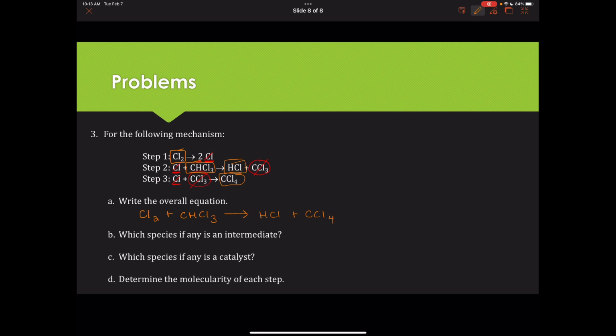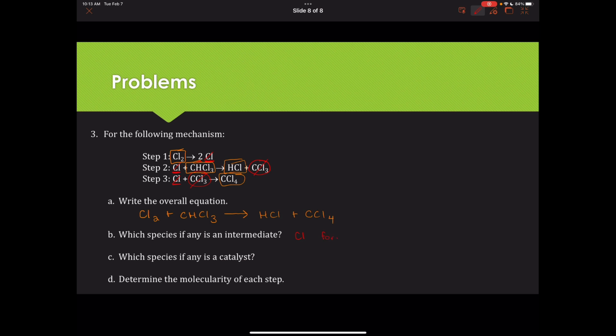We're identifying any intermediates. Again, we're looking for things that we canceled out. So an intermediate is something that we formed in one step and it was used in later steps. So one of my intermediates is going to be chlorine.